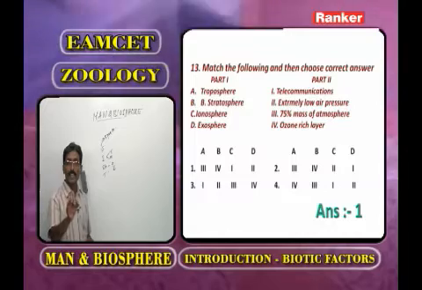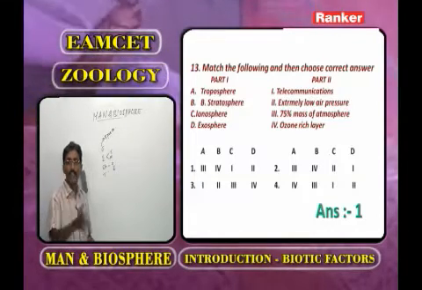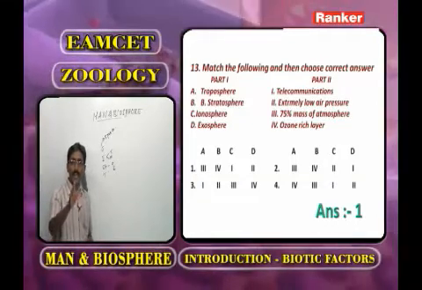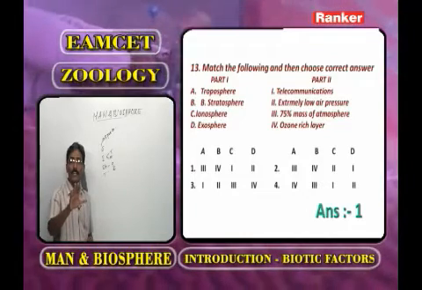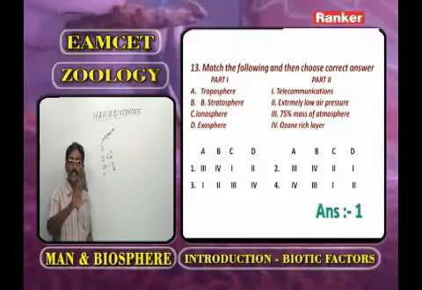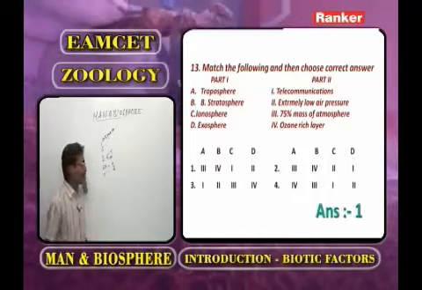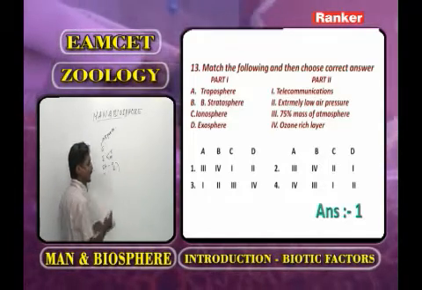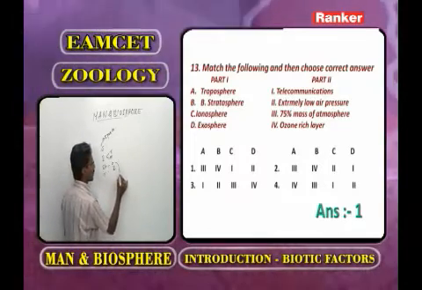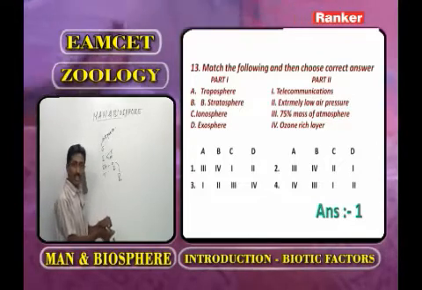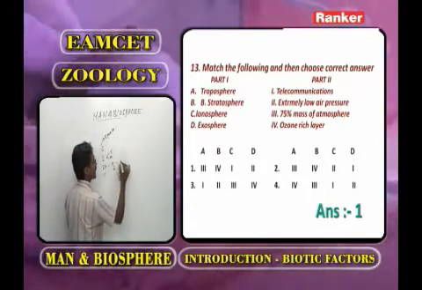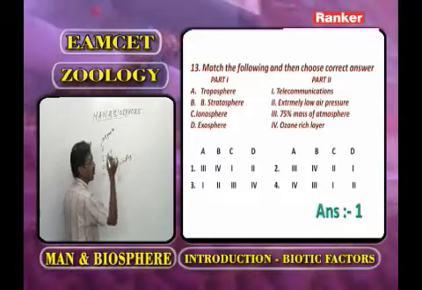According to satellite photographic information, in the Antarctica region the ozone layer is depleted. What is meant by depletion of the ozone layer? In the Antarctica region, the ozone is converted into O2. The depletion of ozone is nothing but the ozone holes.